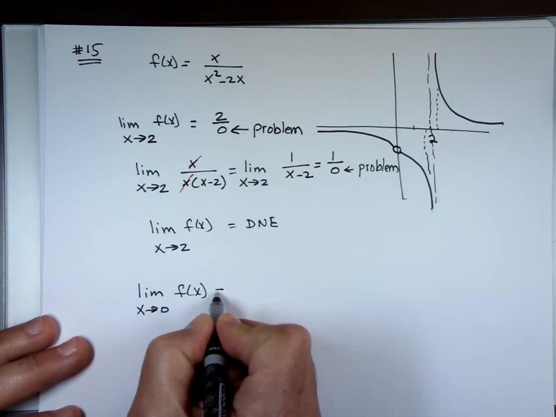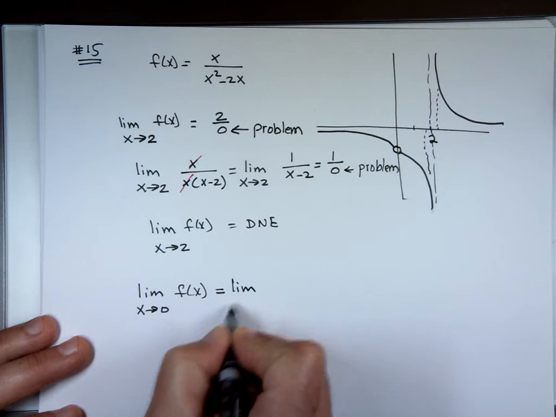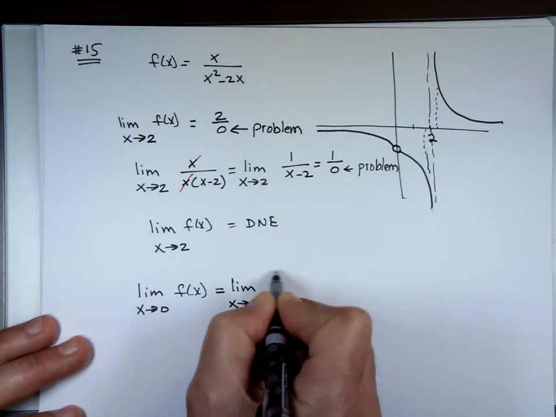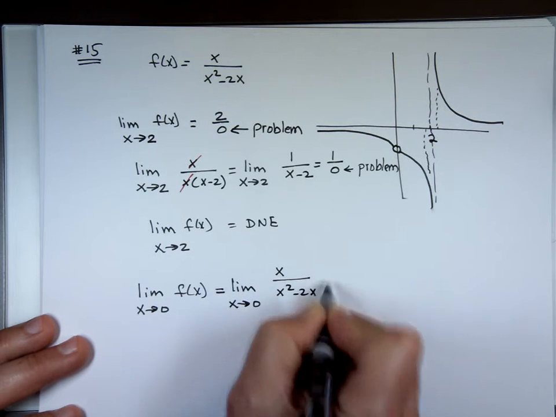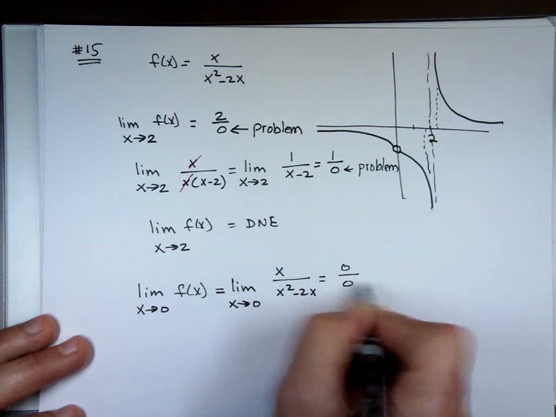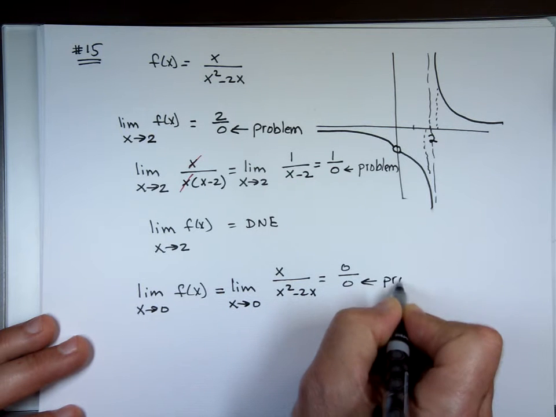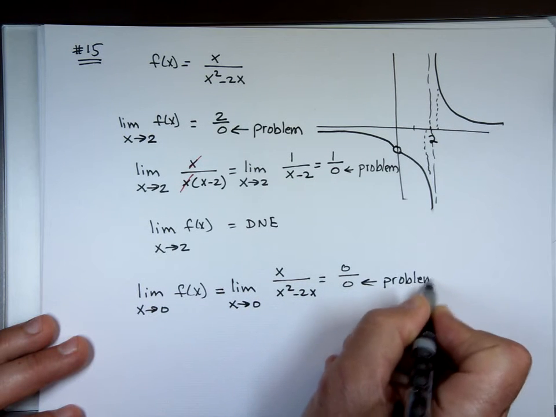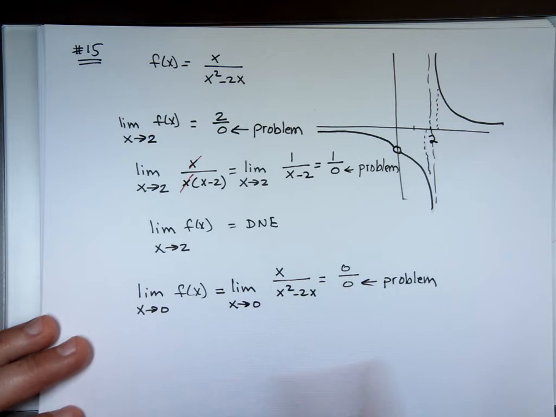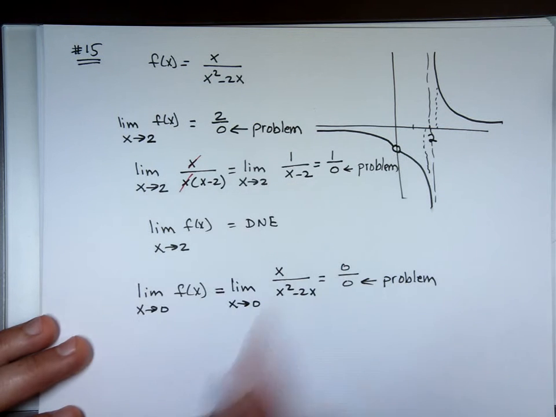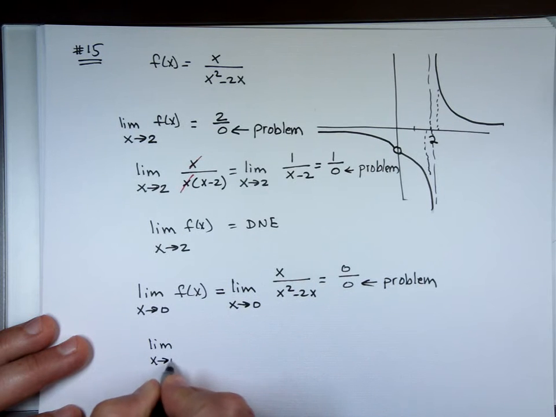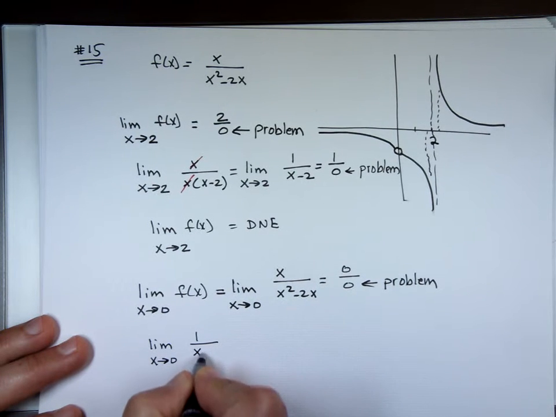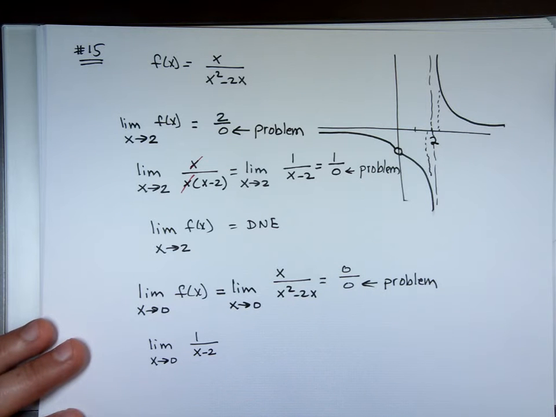So that's equal to the limit as x approaches 0. Direct substitution, 0 over 0. Problem. We also said if you simplify, you end up with that. So let's try the simplified version. Because if you simplify that, that's what you have. Try direct substitution now.